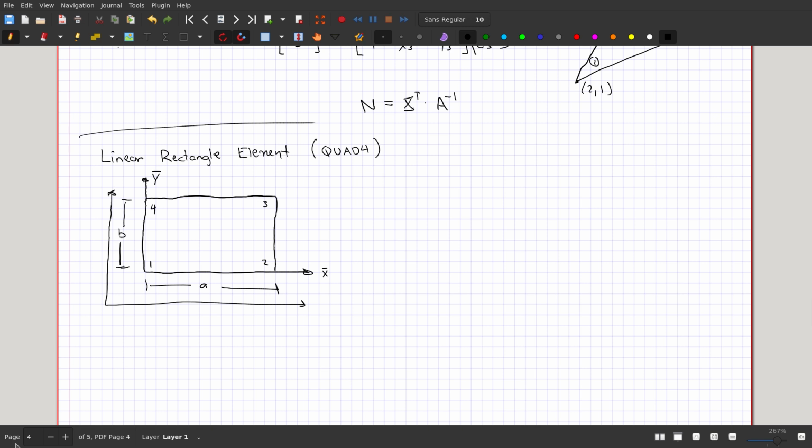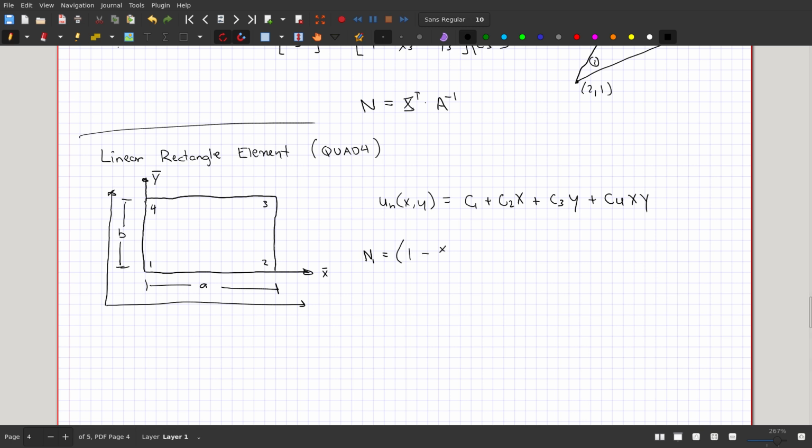And so the approximation field we will use for this problem will be C1 plus C2 x bar, and so on. And I'm just going to write down what the shape functions are in those element coordinates.